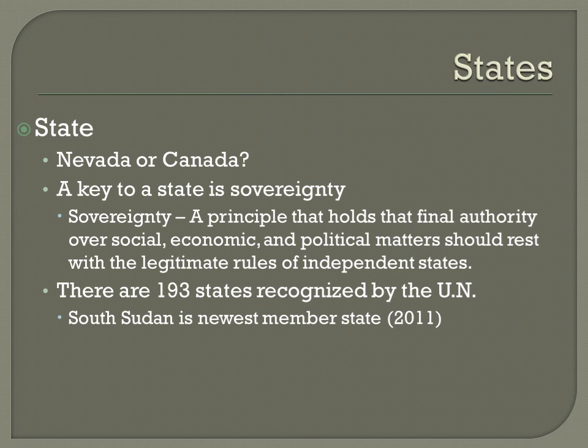There's 193, and that number is up from 2011, when the last state, South Sudan, was added as a member state of the United Nations. That brought the number up to 193. So on that last map that you saw, the political map, we saw 193 member states. And there's obviously some states that are not recognized, but we'll talk about that later today.